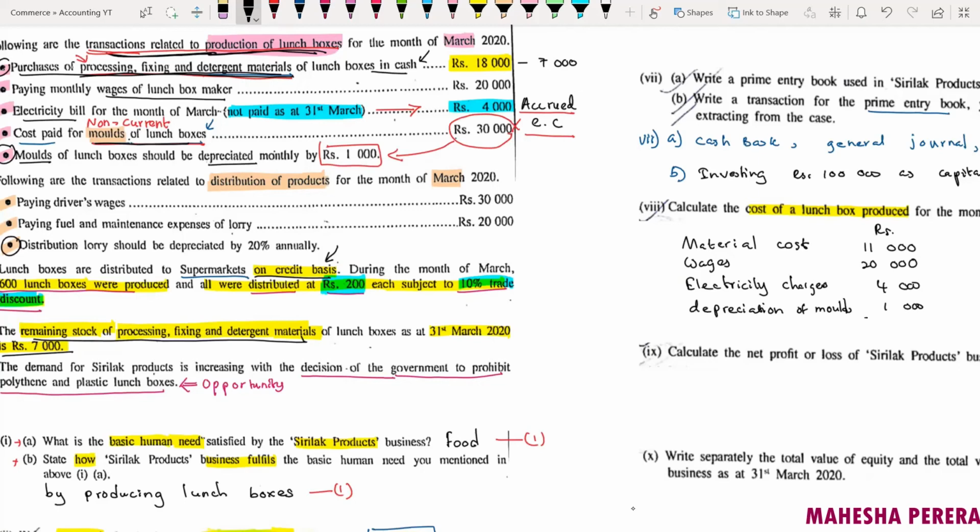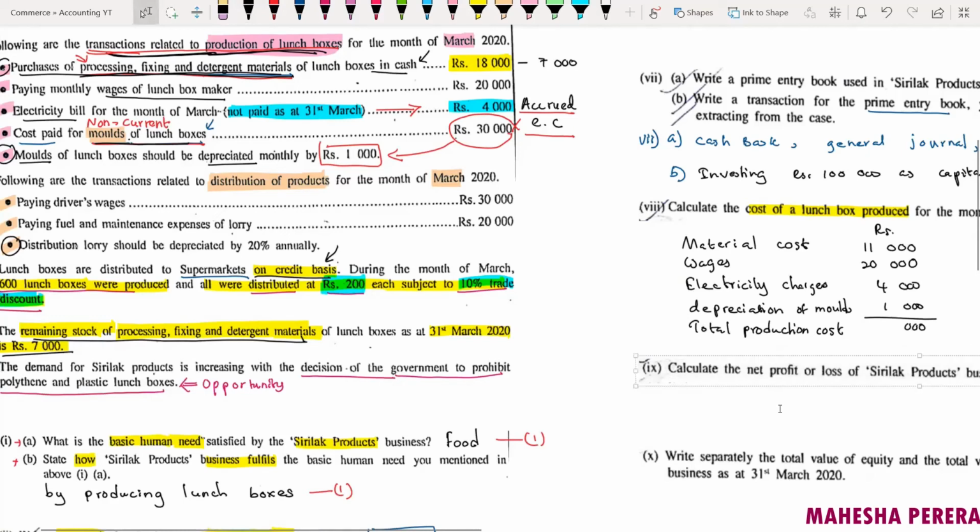So let's add these. Now we get the total production cost. Total production cost. How much? 36,000, right? 36,000. Okay. And how many units are produced?